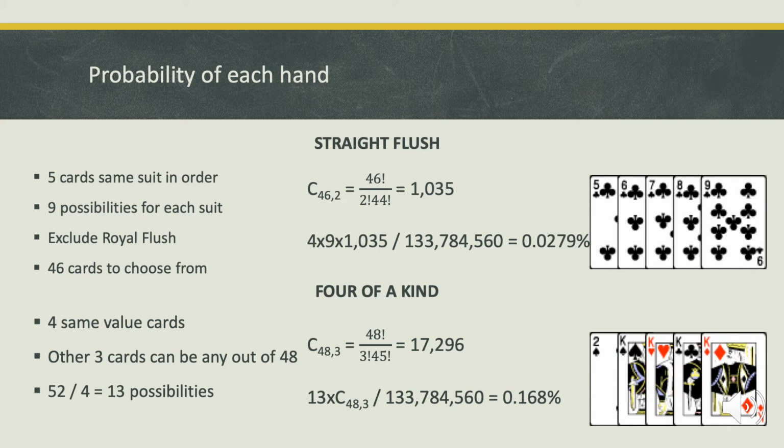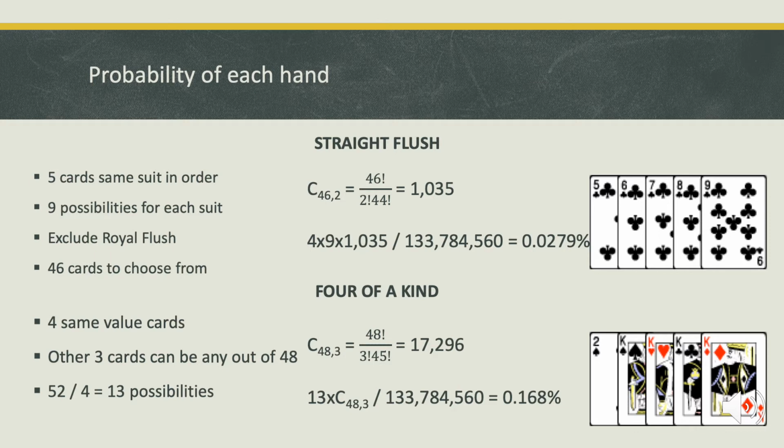Another possible combination of cards is called the straight flush, which is 5 cards of the same suit in order. However, it does not include the ace, king, queen, jack, and 10, because that would be a royal flush, as we said before.